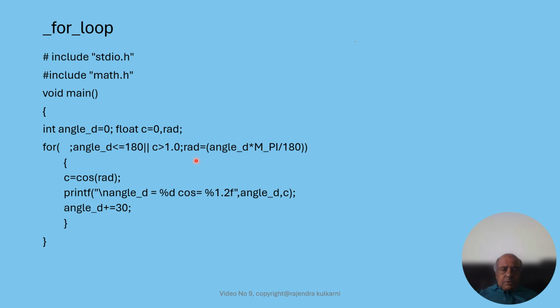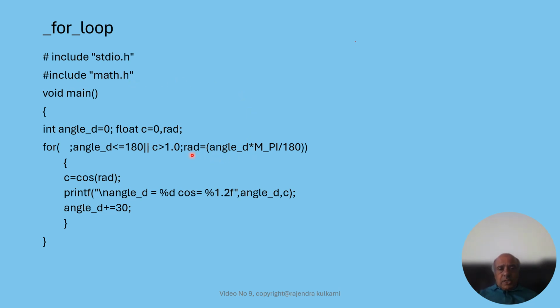In this part of the for loop, in the earlier two programs we have used incrementation operators. Here instead of that, what we are using is converting angle in degrees into radians by going through this formula, where m underscore pi is the pi value which is defined in the file math.h, which we have included in our program.